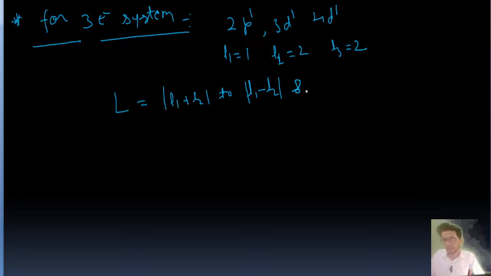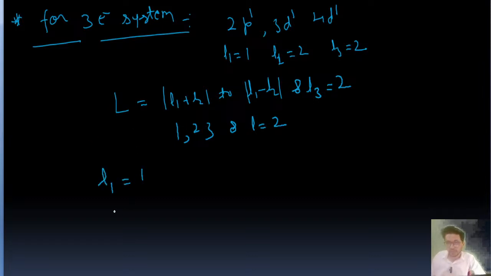So this is 1 plus 2 is 3 and 1 minus 2 is 1, so 1, 2, 3, and L3 equal to 2, right? Now we'll find them one by one.